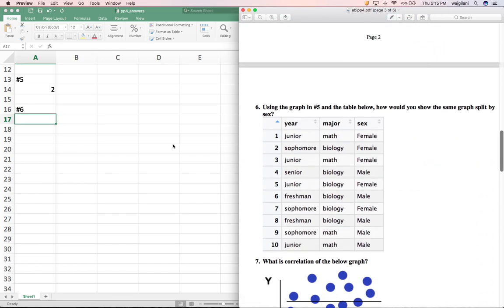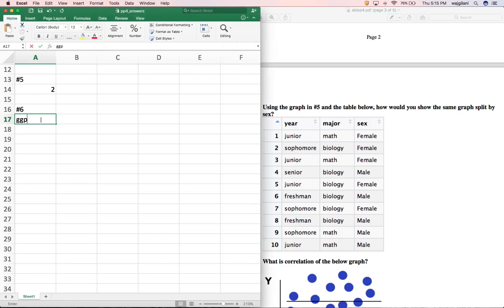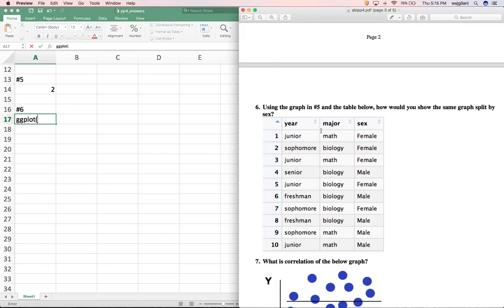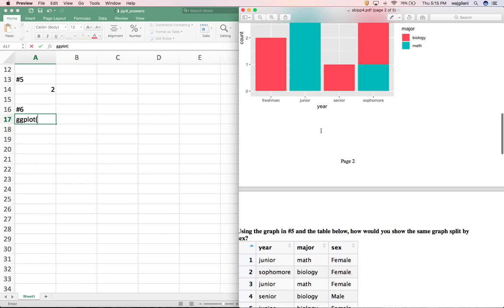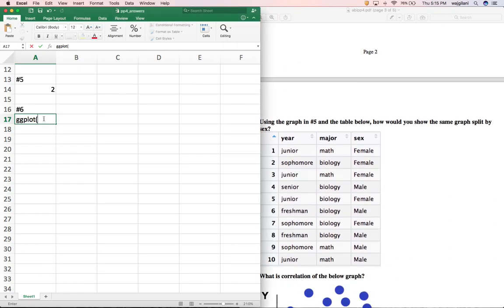Well, using this table, it's a bar graph, that's number 1. So it's going to be ggplot. The name of the table, I did not give the name of the table, so let's assume it's just dt. dt, aes. The x-axis goes your what?